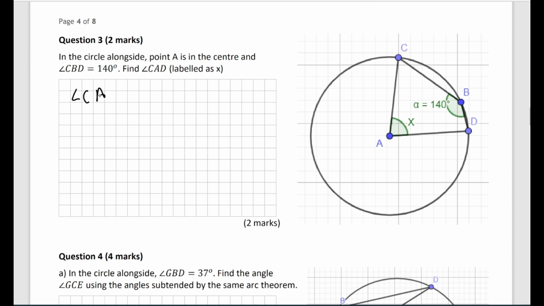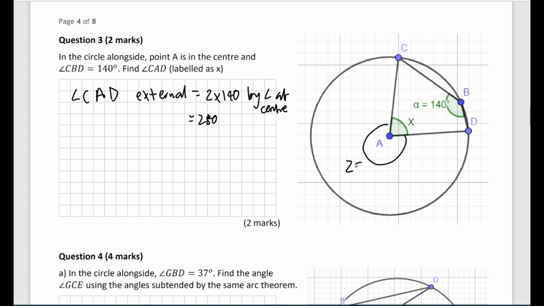Angle CAD external equals 2 times 140 by angle at center, equals 280. So that there is 280. Therefore, x plus 280 equals 360 by angles at a point. Therefore, x would have to be 80 degrees.